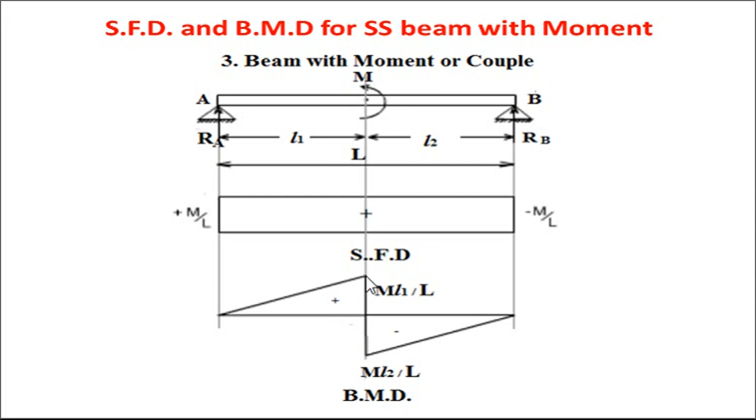It will be plus M L1 by L plus M L2 by L. Now here L1 and L2 are nothing but half and half, so the total addition of these two will be M, the total moment. So this is the standard case for simply supported beam with moment.